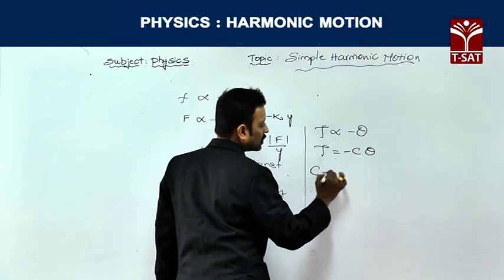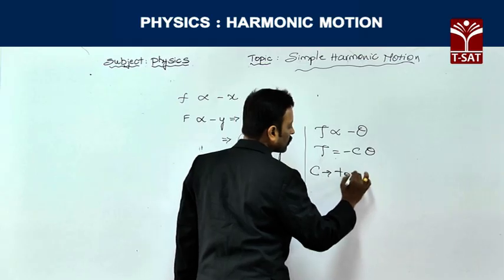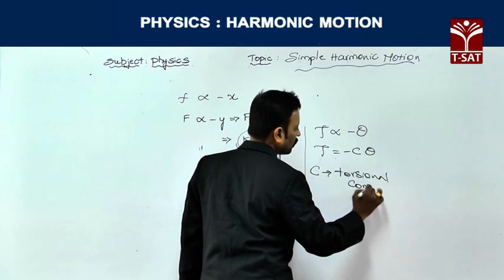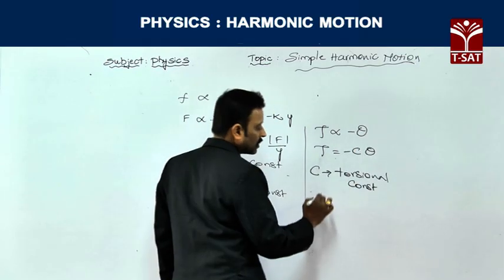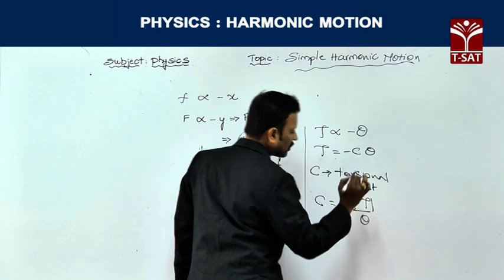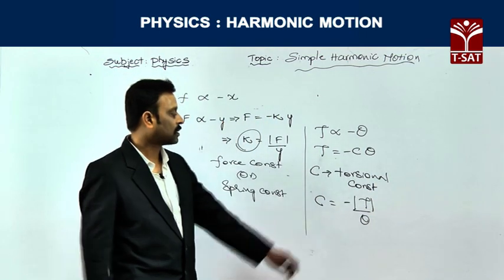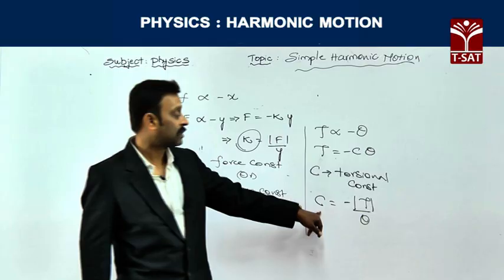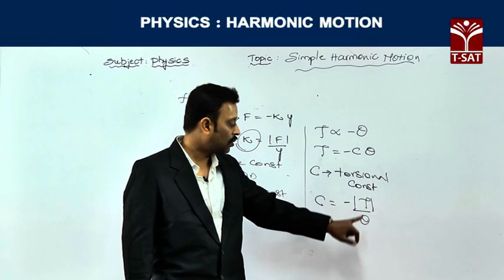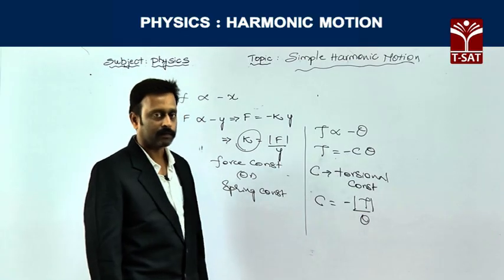Here c is called torsional constant. From this, c is equal to minus tau by theta. This torsional constant c is defined as the ratio of torque to angular displacement.